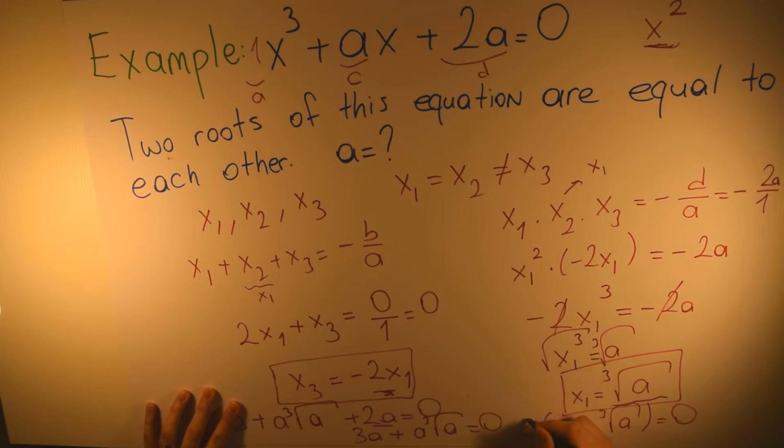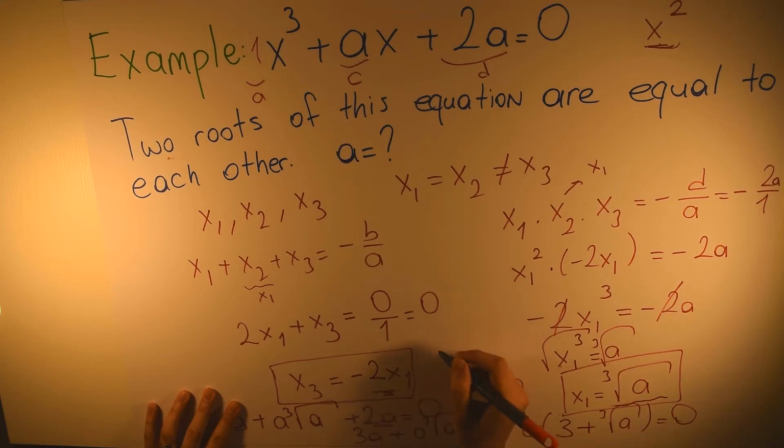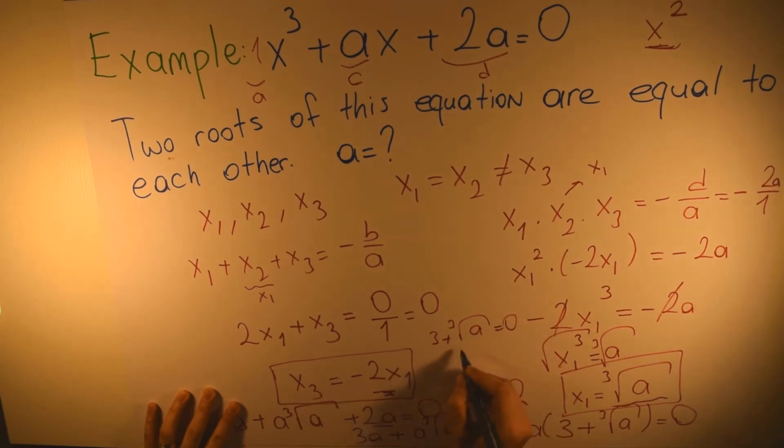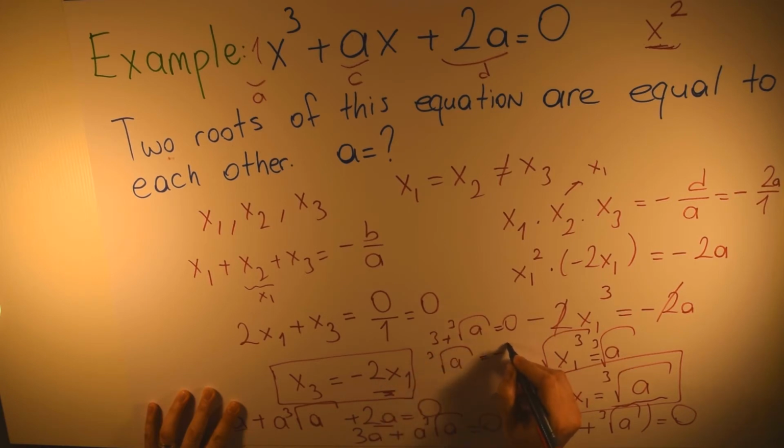So either a is equal to 0, or 3 plus cube root of a is equal to 0. From here, cube root of a is equal to minus 3, right?